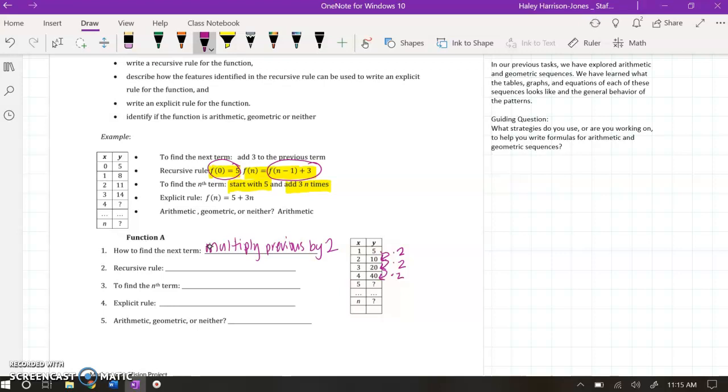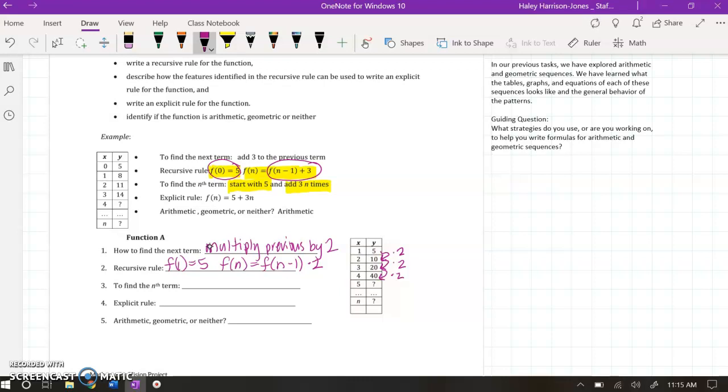Now I'm going to work on writing my recursive rule. I notice I start with 5, so f of 1 is equal to 5. And then f of n, that's my current output, is equal to my previous output, f of n minus 1, times 2.